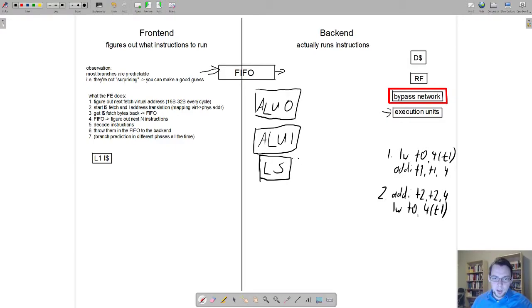Load store, probably at least 3 cycles. Sometimes more. All right, so let's say that's 4 cycles. Float, like FPU, also probably at least 4 cycles or something like 6 or so. So these have variable lengths, right? And each of these has a different length.